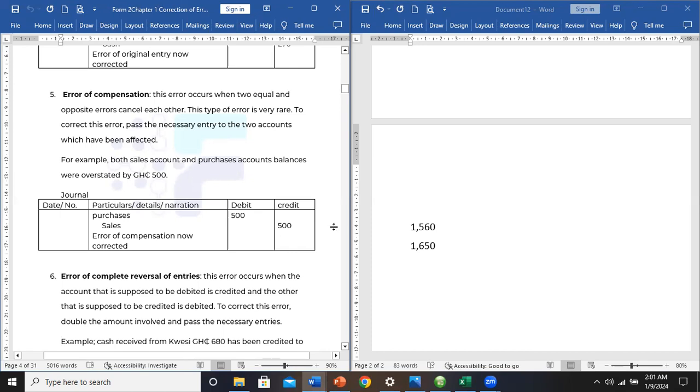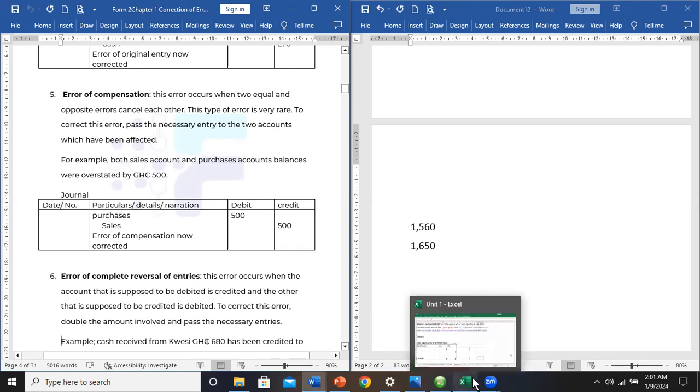So normally this error can occur when you make a mistake at the debit side and that same mistake is replicated at the credit side. So they cancel each other. These errors cancel each other. That's why we call them compensating errors. They compensate each other. Let me see if I can show you an example here.